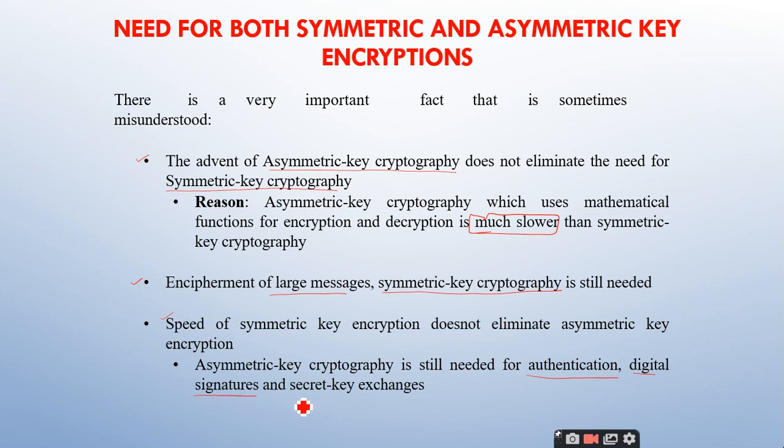They are used to encipher the secret keys in the symmetric key crypto systems. Though the asymmetric key crypto systems are slower than the symmetric, we should not eliminate them, because very important services provided under these crypto systems, like authentication, digital signatures, encryption of cipher keys, and secret key exchanges, are all performed using asymmetric key cryptography only. Clear?